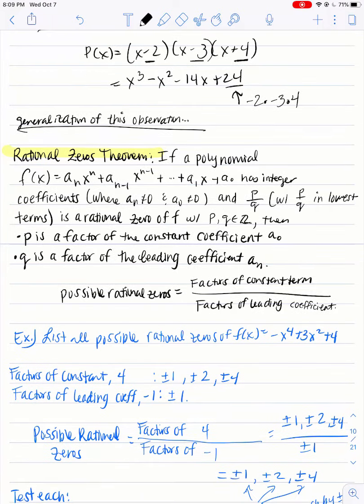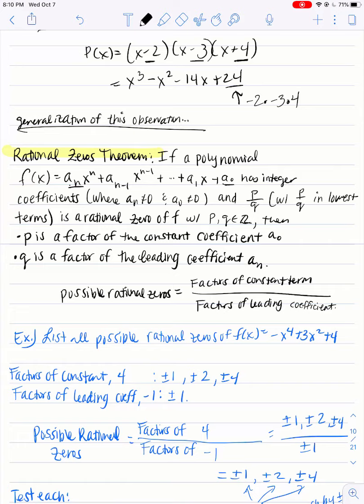If a polynomial has integer coefficients and p over q, where p/q is in lowest terms, is a rational zero of f, where p and q are integers, then p is a factor of the constant coefficient a naught, and q is a factor of the leading coefficient an.